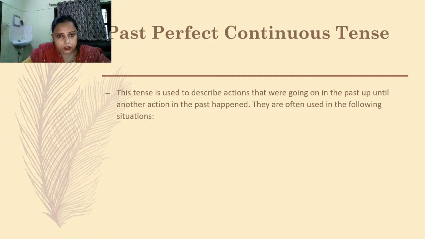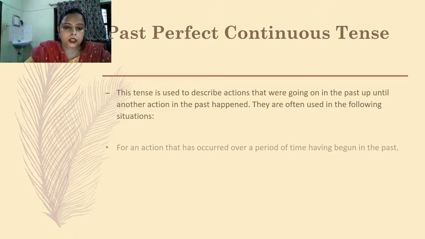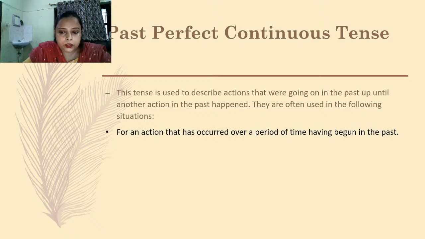They are often used in the following situations. Now, where do we use the past perfect continuous tense, children? For an action that had occurred over a period of time, having begun in the past.